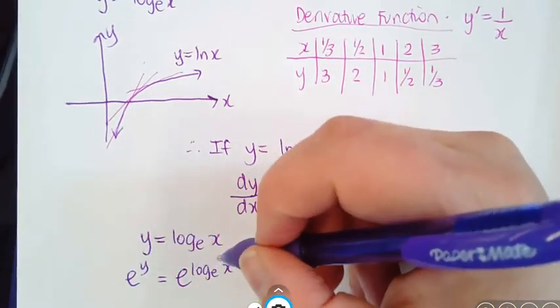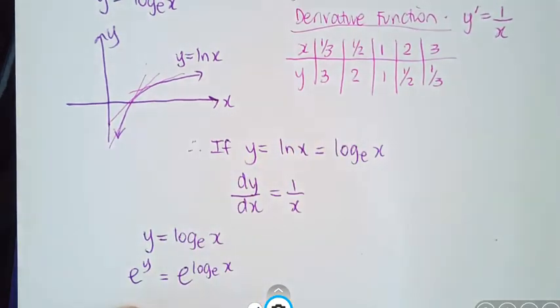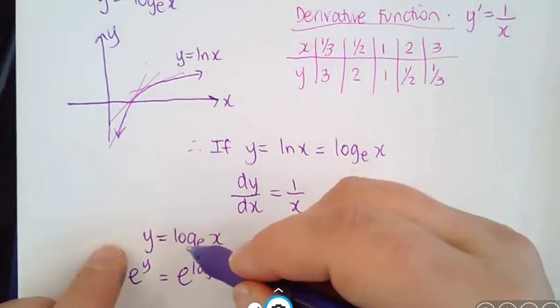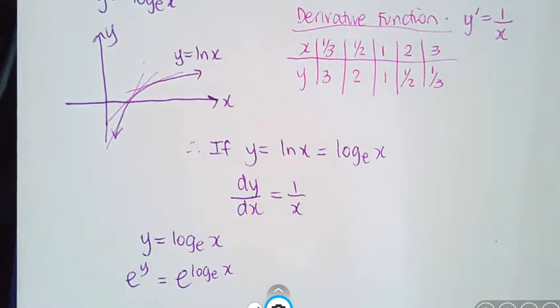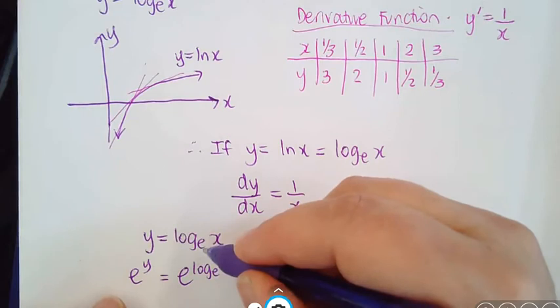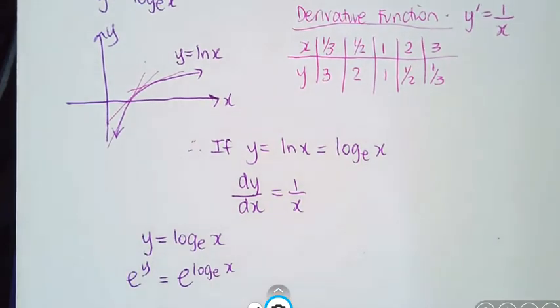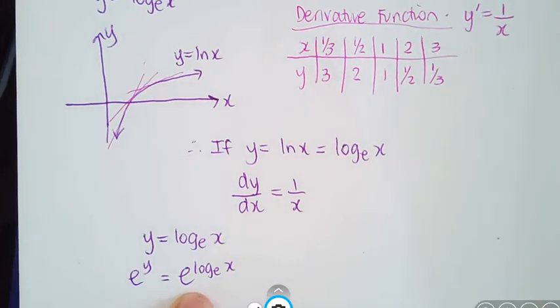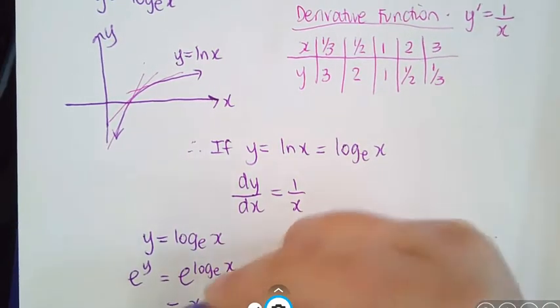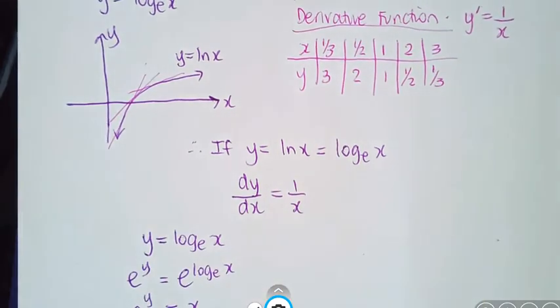We did this in prelim. Because I can never remember the log law, I just say the inverse operation of logs is taking powers of both sides. Because it's log to the base e, you take e to the power of both sides. Now e and log base e cancel, so you just end up with x equals e to the y.